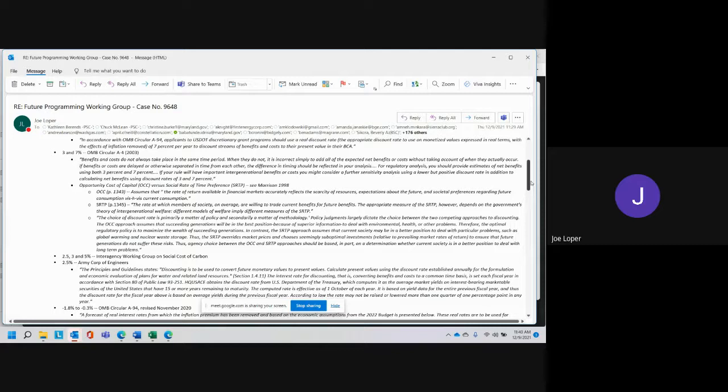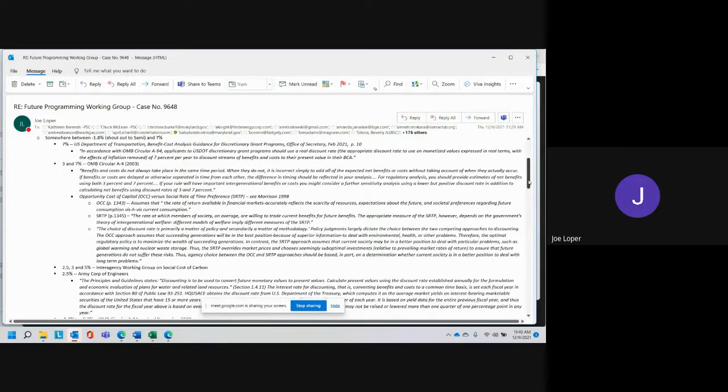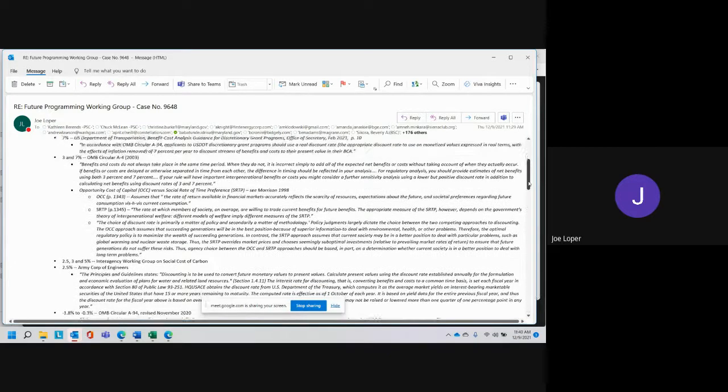And I got, I think, 1.6%. So if the administration does the same method that was used previously for this social rate of time preference, they're going to end up with a number that's probably 1.6% or something like that. That would be my guess. And they may just land on 2%.